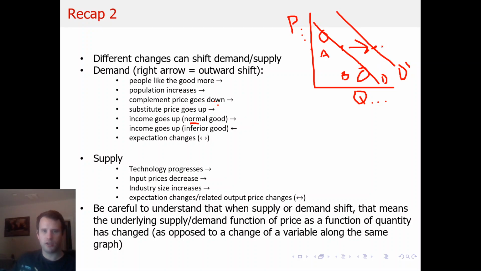But from A to C, the price is the same, but quantity demanded is different. The relationship between price and quantity demanded has changed. And that's the whole point of these shifters. They change the underlying function. I've already talked about this, so I'm not going to spend any more time on it.